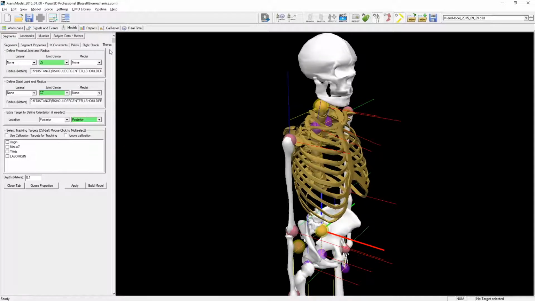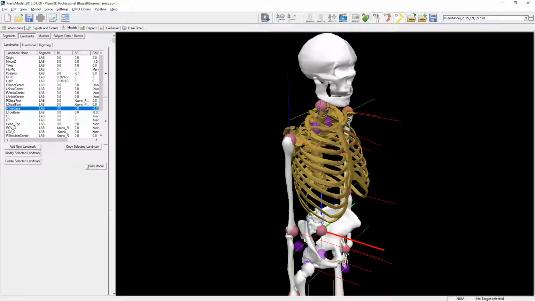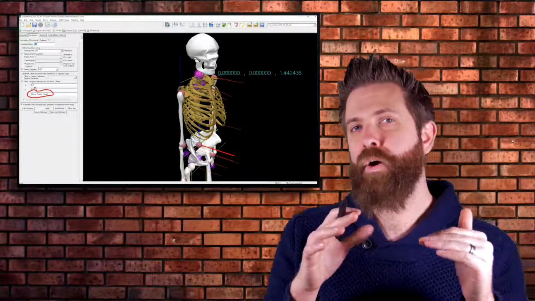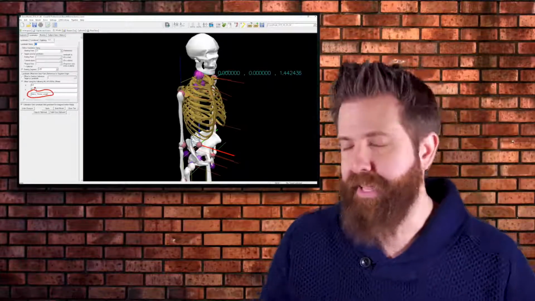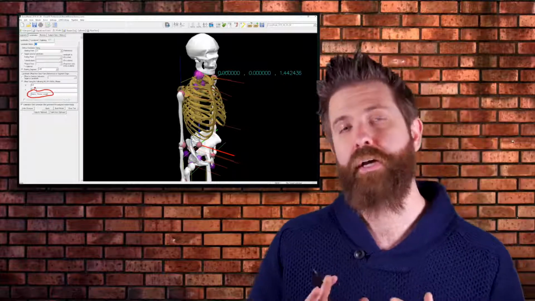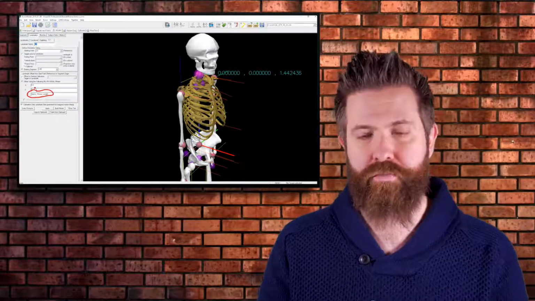And the C7, if we go look at landmarks, as you probably were expecting, is moving in the positive direction, the length of the thorax. So we're not going to explain every single segment in detail or every landmark. There are a lot of them in here. By now, you should have gotten the concept of how each of these was defined.